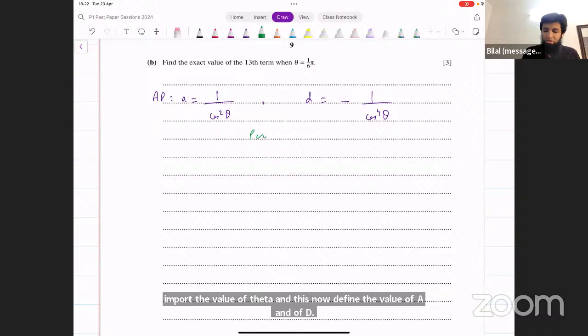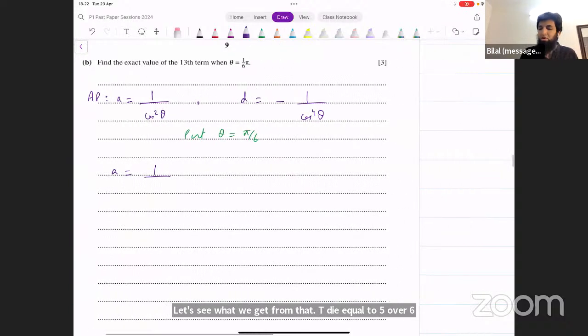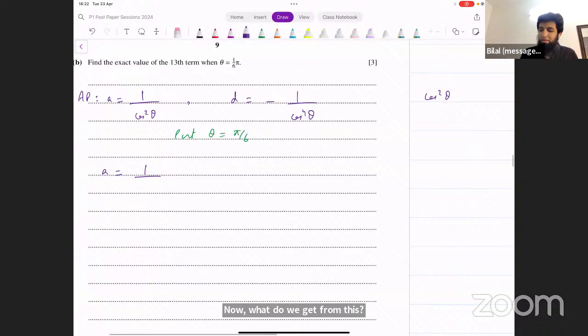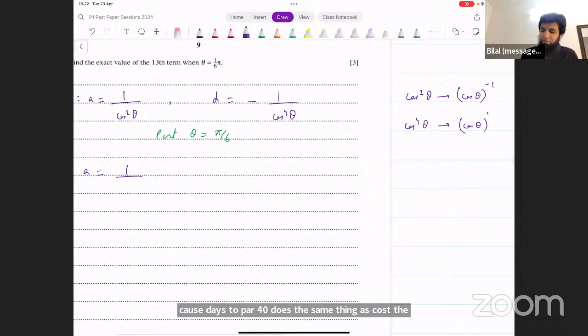You put theta equal to pi over 6. Now, what do we get from this? A equals 1 over, remember, cos square theta is the same thing as cos theta whole squared.